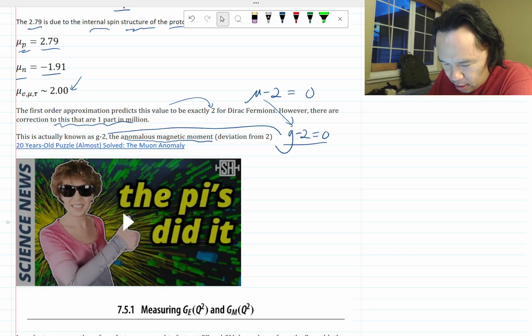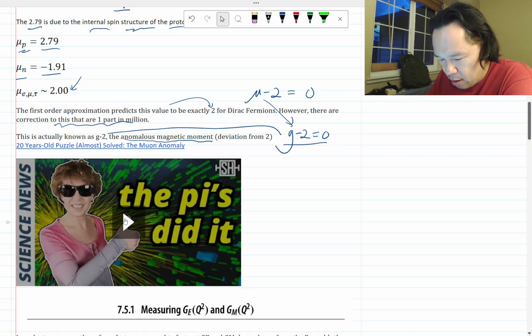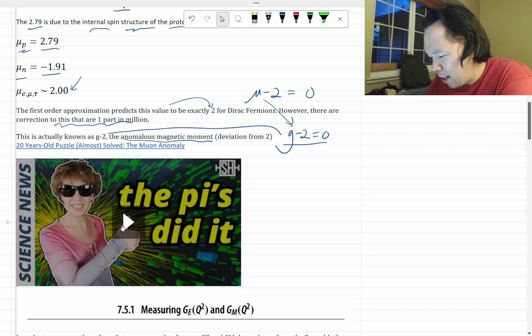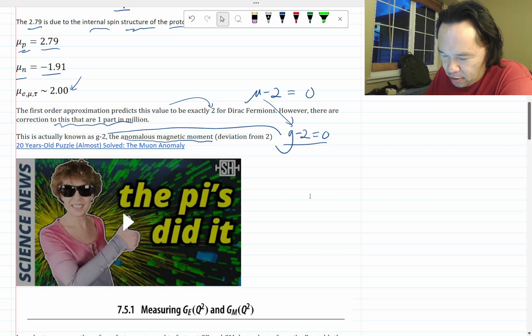There's a video by one of the YouTubers, Sabine Hossenfelder, that talks about a very recent result, from a couple of weeks ago, where people are now thinking maybe people just didn't do the pion loop corrections to this calculation. So we'll see how that turned out.